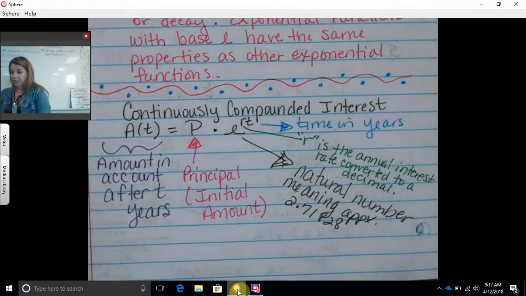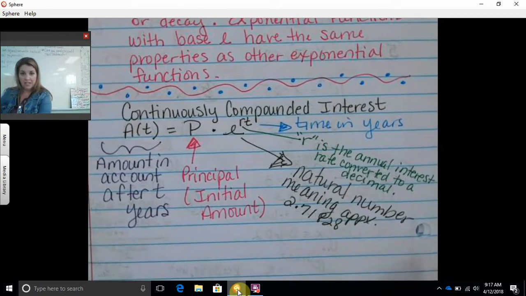All right, anybody still writing? All right, page 192. We're going to do a word problem that uses this equation.